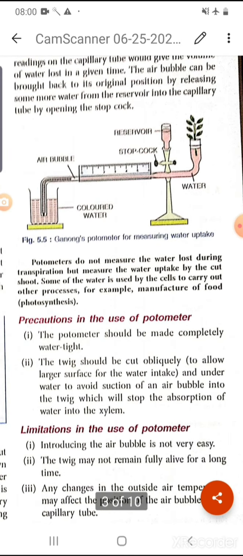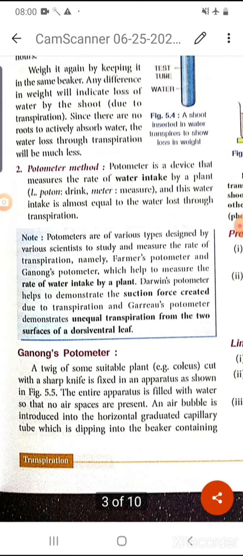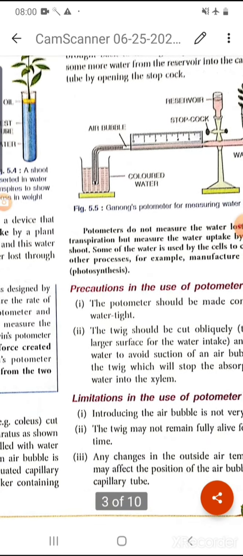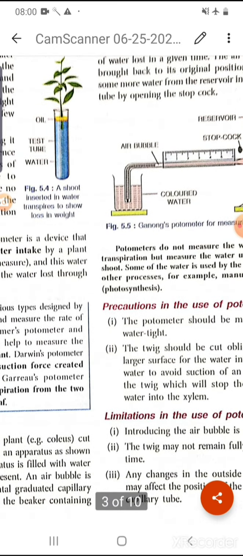This figure shows Ganong's potometer for measuring water uptake. You have to take a suitable plant, cut it with a sharp knife, and fix it in an apparatus as shown in this figure. Here you can see one twig.